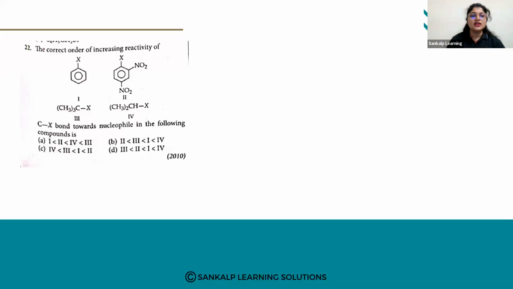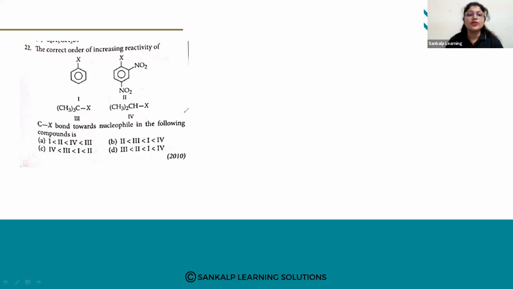The next question is the correct order of increasing reactivity. These are the four compounds. You have to tell the reactivity of the C-X bond towards nucleophile in the following compounds. Just see which is the correct one.